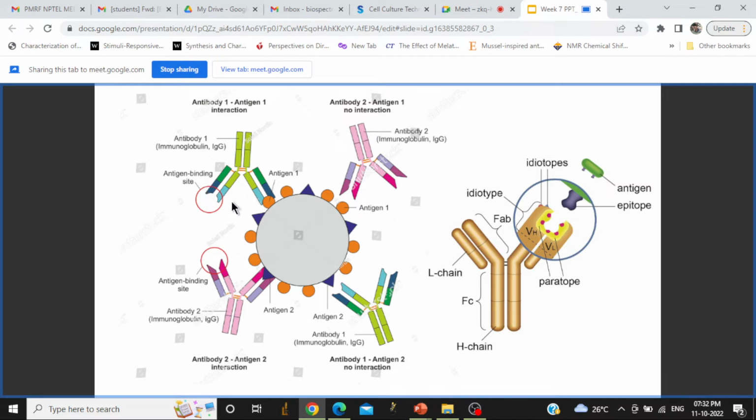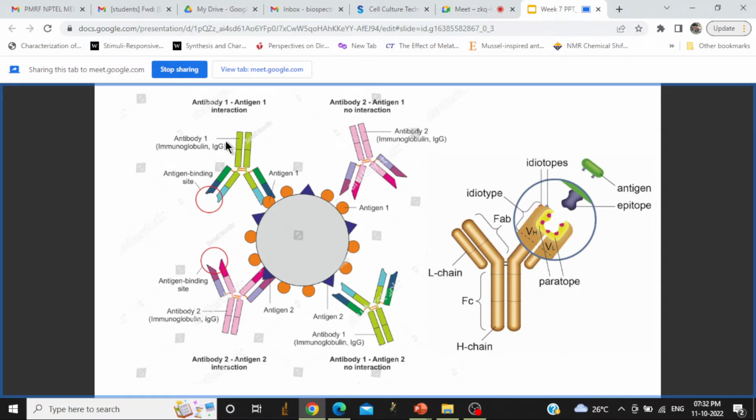their sites match. So here there are some examples. This is a cell, and this cell has different types of antigens. For example, this is antigen 1, and this triangle type is antigen 2.